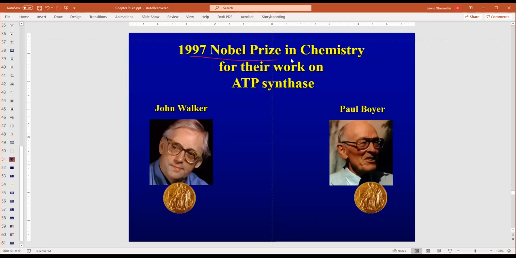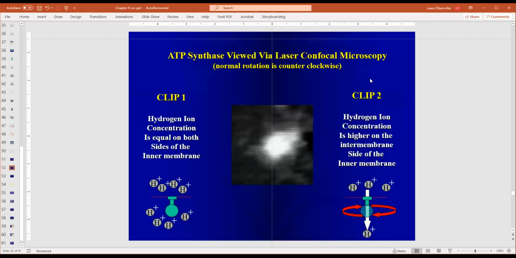These dudes won a Nobel Prize for chemistry for figuring all this stuff out that I just taught you in 1997. So this is when we knew how our energy to stay alive came from, in 97. I would show you a video clip, but I'm not sure where this clip is.